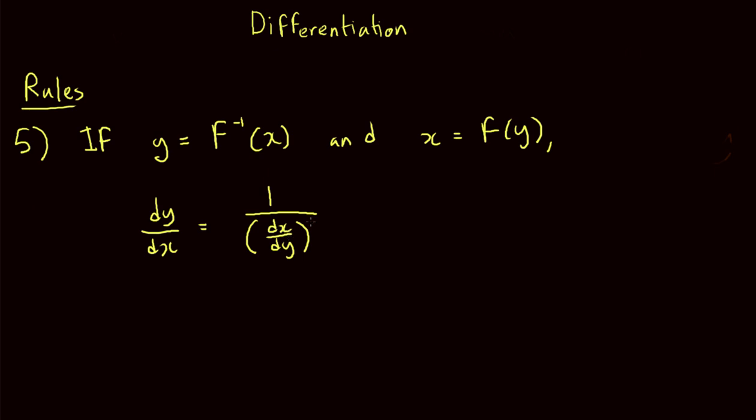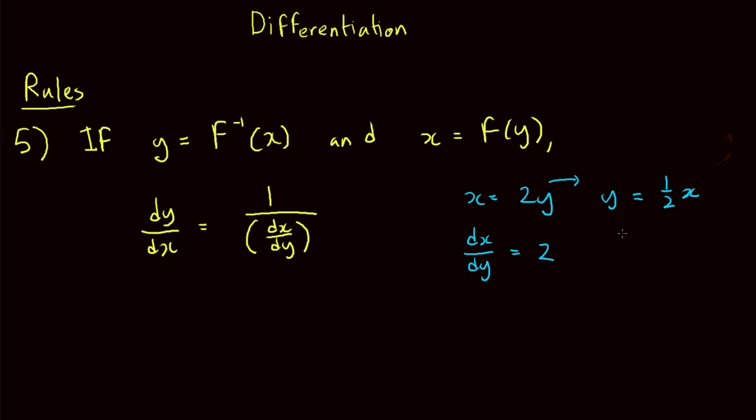So let's give an example. Let's say I have a function where x is equal to 2y. So of course your dx/dy would be 2. If I were to invert this function, y would be equal to half x.